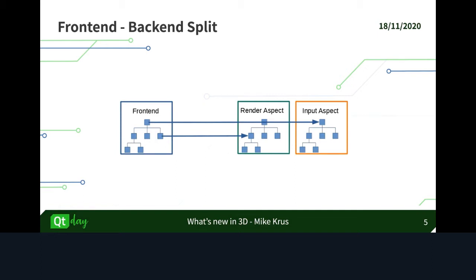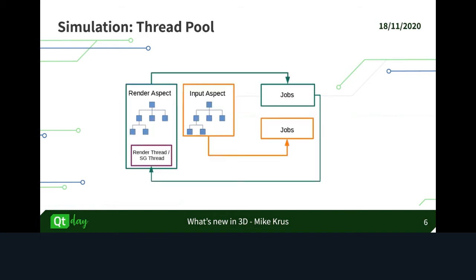One of the things that these aspects do is run some processes, and all these processes are encapsulated in jobs. Each aspect will have a number of jobs that need to be run at every frame.